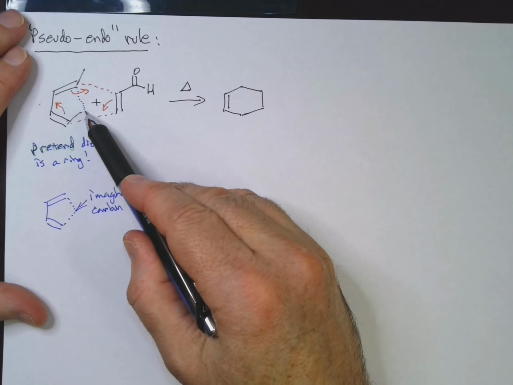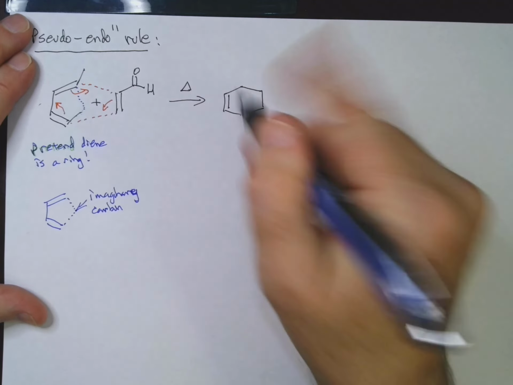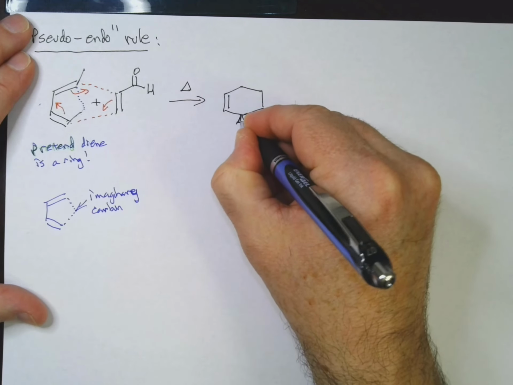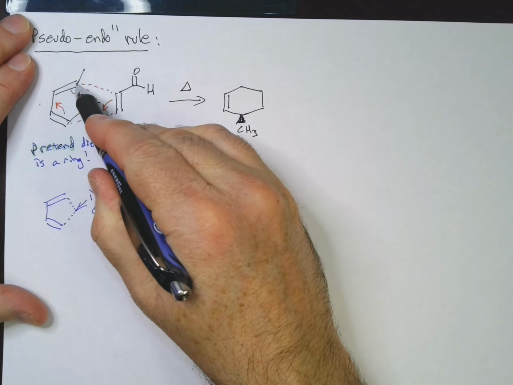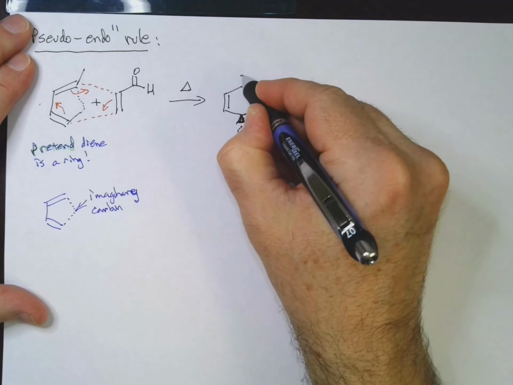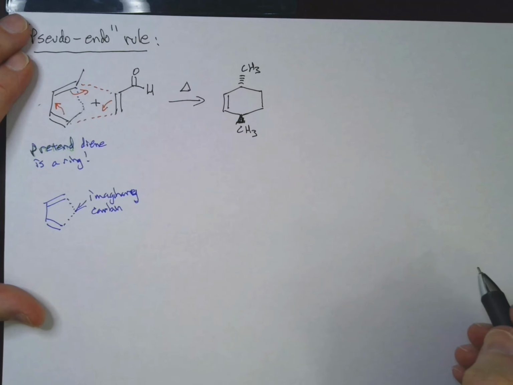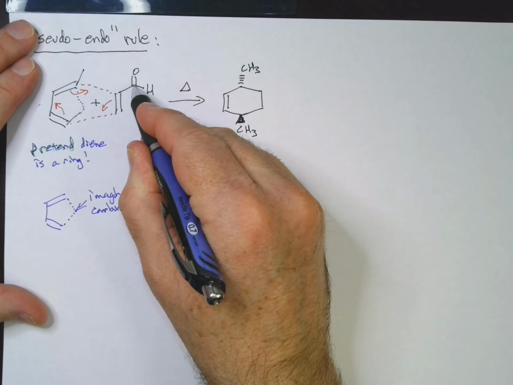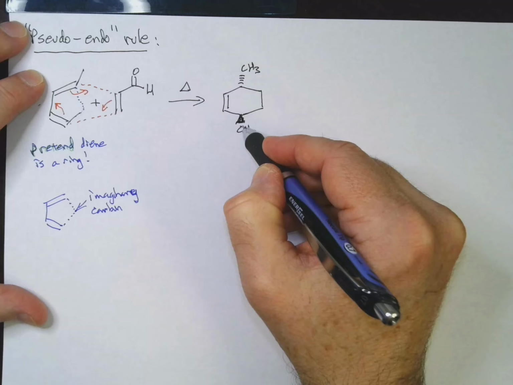So the place where we say we have the imaginary carbon, that's going to be up. So this carbon here, that methyl, would be like so. This methyl is the other way, like so.